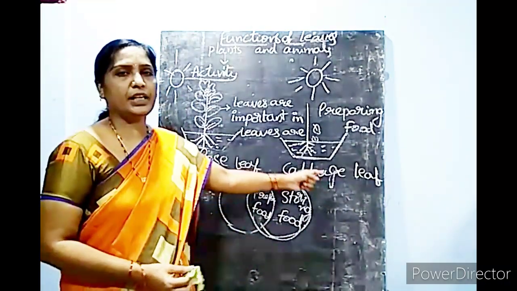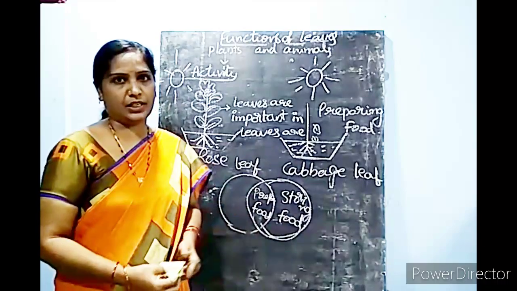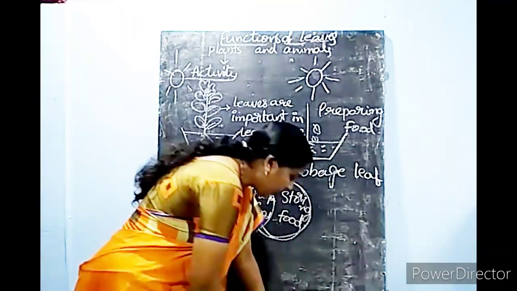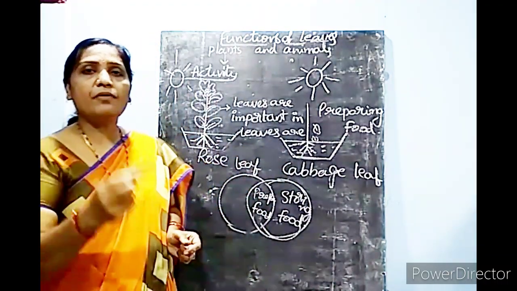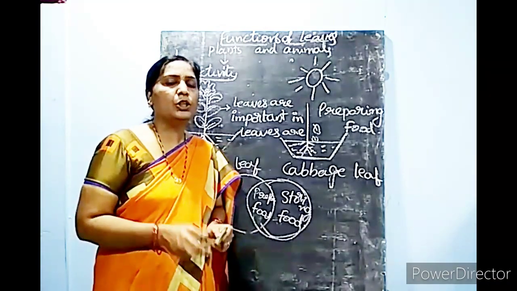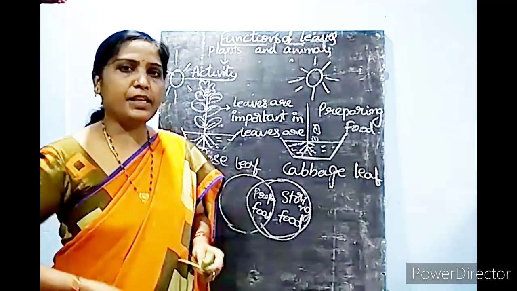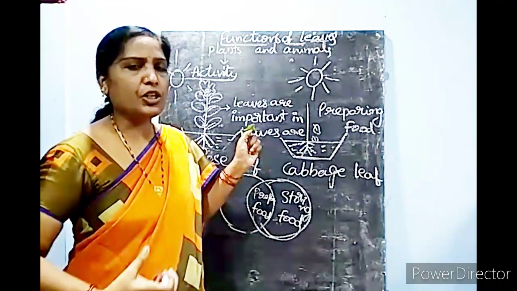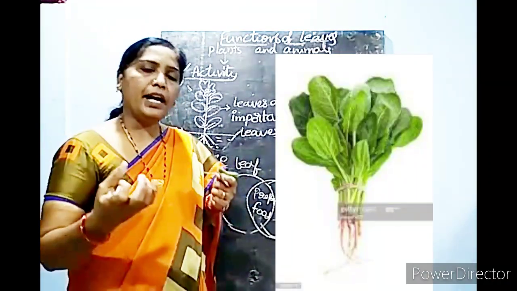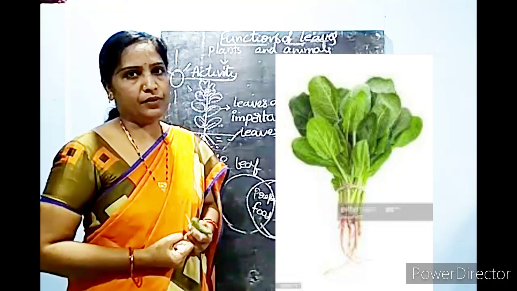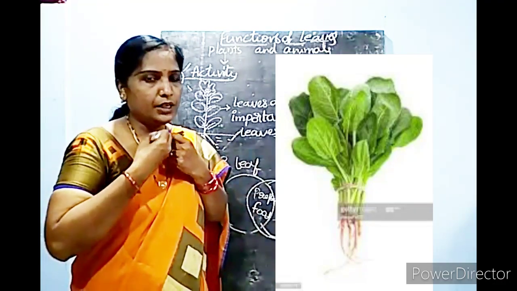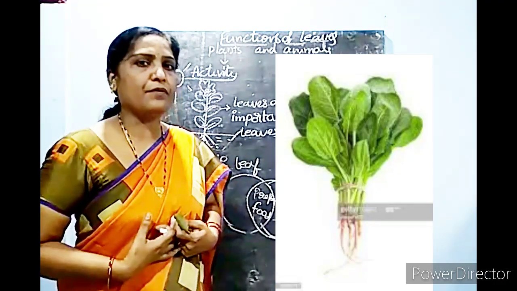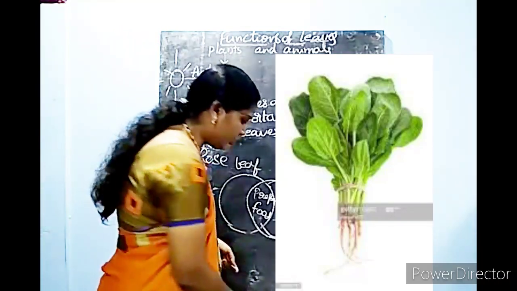That is the function the cabbage leaf is doing extra. Same way, spinach, the leafy vegetables which we eat, those are only the leaves. They perform the function of preparing food and also they are storing food. That stored food only we are using as our food. Right, children, understood?